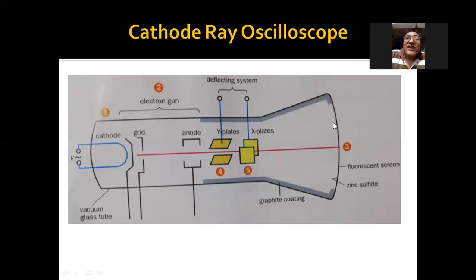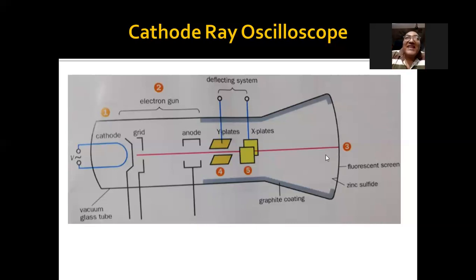This screen is coated with zinc sulfide, which is fluorescent. When the beam of electrons strikes the zinc sulfide coating, it starts glowing.